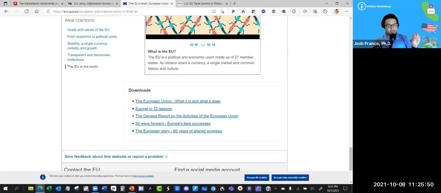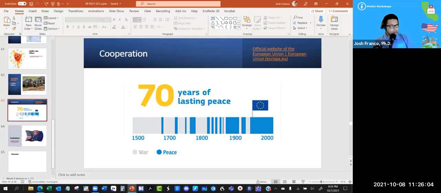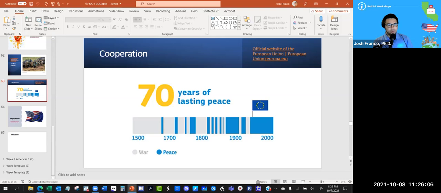Because it's 27 member states that had to work over decades, almost a century's worth of time, to reach this point of cooperation. So I like to point that out because there are a lot of scholars of the EU, a lot of research is done on the EU, and this notion of a European identity has developed over these past 20 plus years.